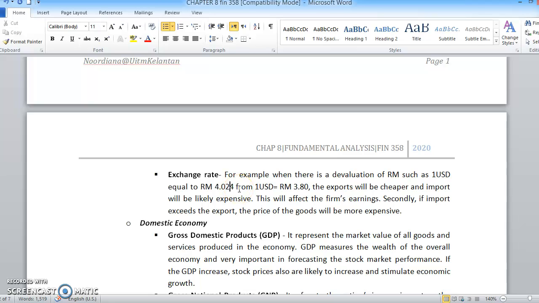For example, 4 ringgit to change to 1 US dollar compared to previously only 3.8, hanya 3 ringgit 8 sebelum ini. Okay, so perbezaan ini walaupun nampak macam tidak terlalu banyak, but if you calculate by katakanlah dengan jumlah 100,000, 300,000, right? So dah berapa cost yang you incurred lah, kan?